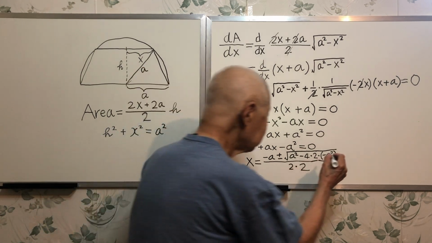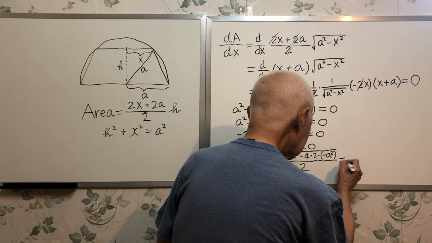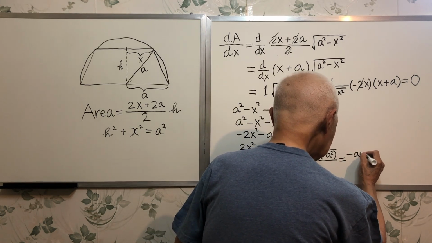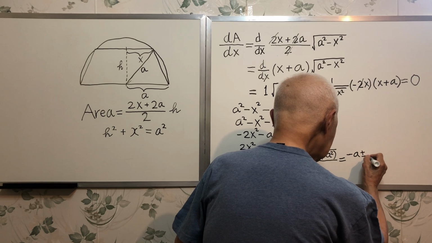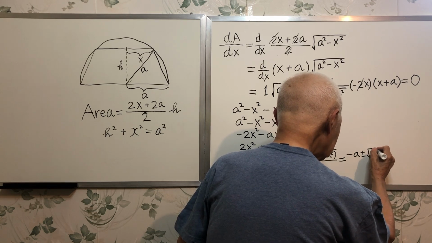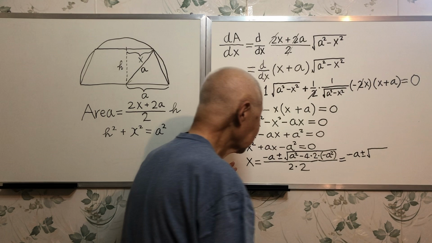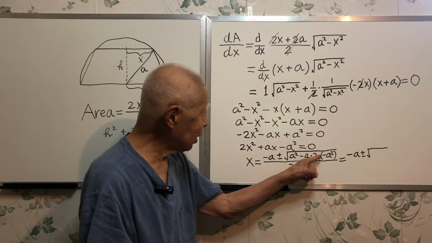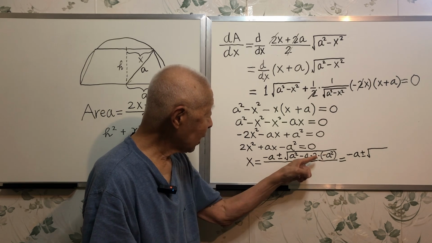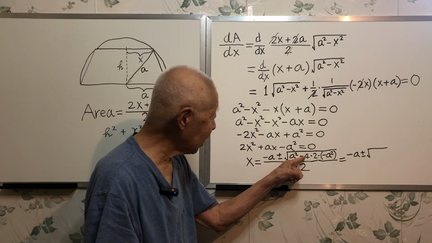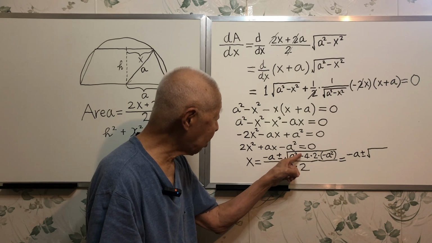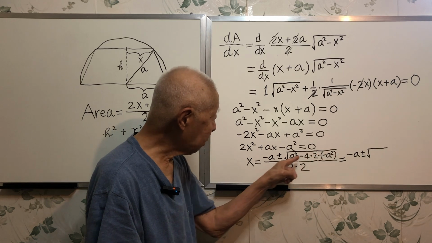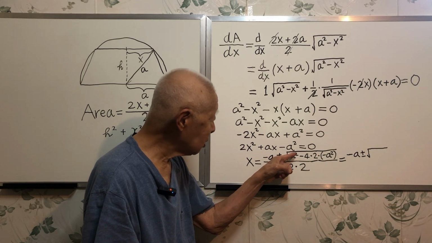So this part is negative negative is positive. I have 2 times 4 is 8. So this is plus 8a squared. But I have a squared here.